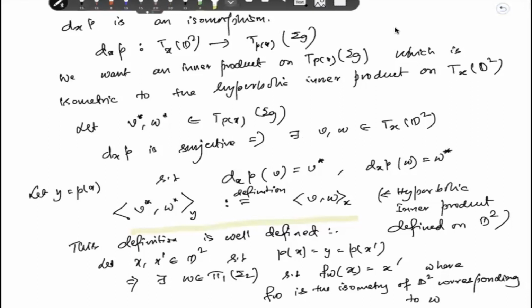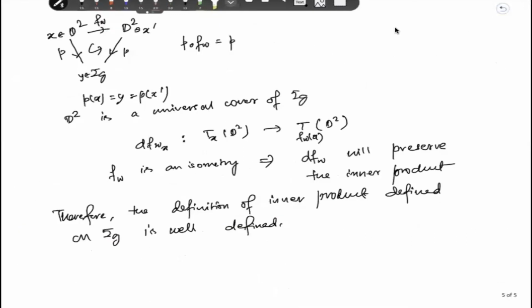In fact, you can check that this p is a local isometry. And therefore, we have a hyperbolic metric. So what we have proved is that sigma g admits a hyperbolic metric.